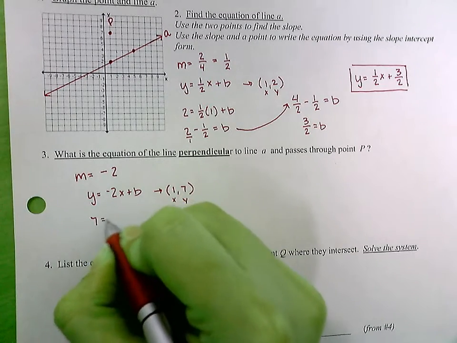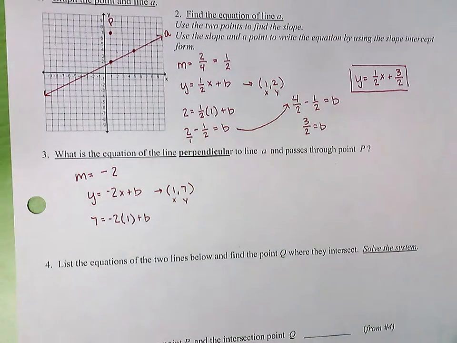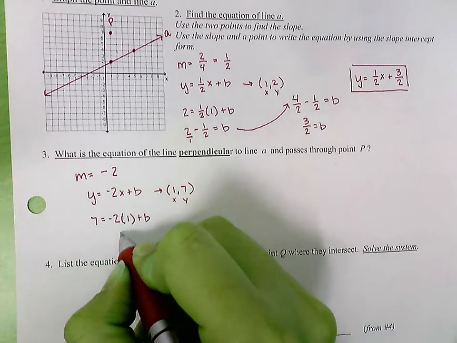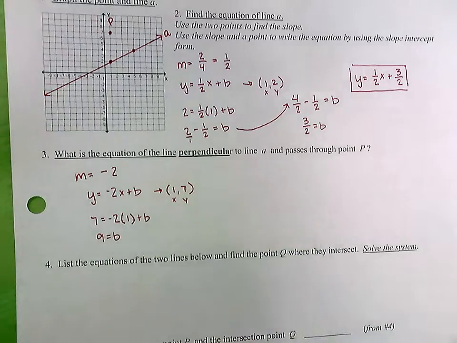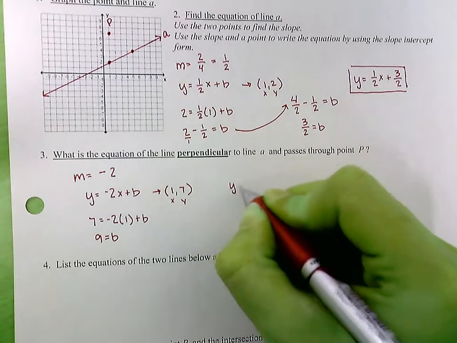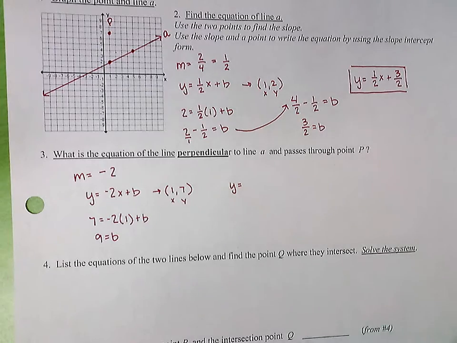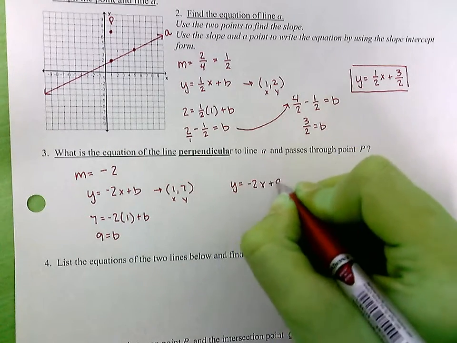So I have 7 is equal to -2 times 1 plus b. You're going to add 2 to both sides. b equals 9. So b will equal 9. Okay, so now I have m and I have b. So I can write out that equation. So I have y equals -2x plus 9.